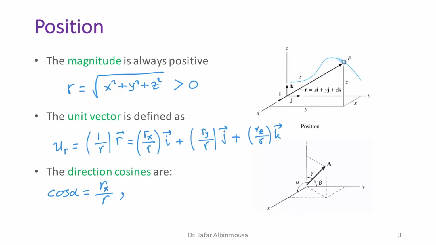Then we have cosine beta, represented by r_y divided by r, and finally cosine gamma, which is equal to r_z divided by r. And these angles are shown clearly here. This is alpha, this is beta, and this is finally gamma.